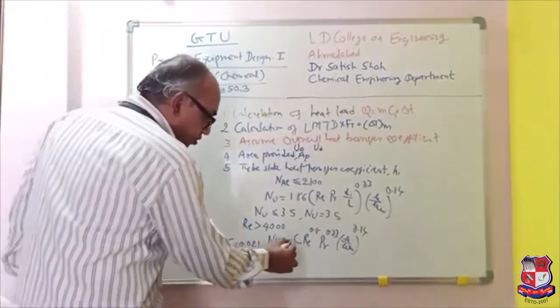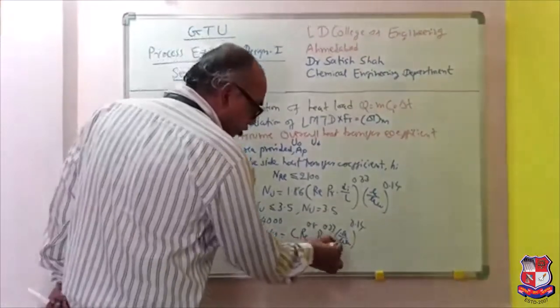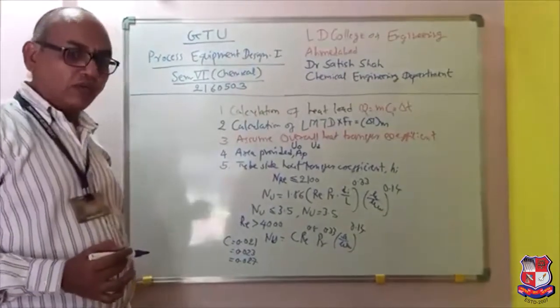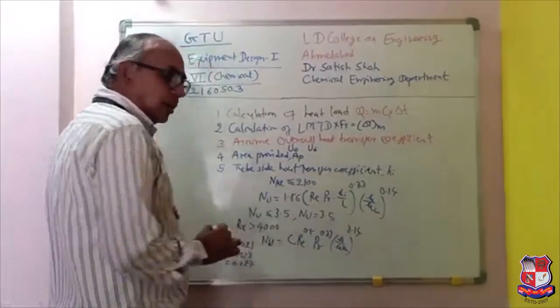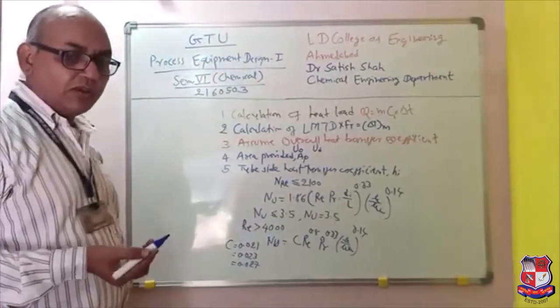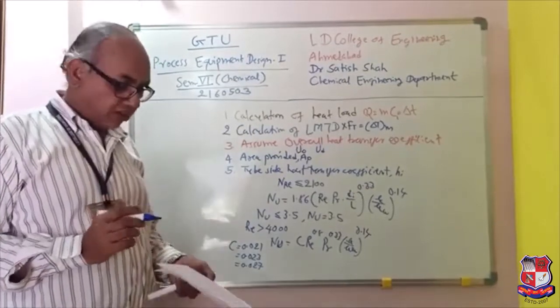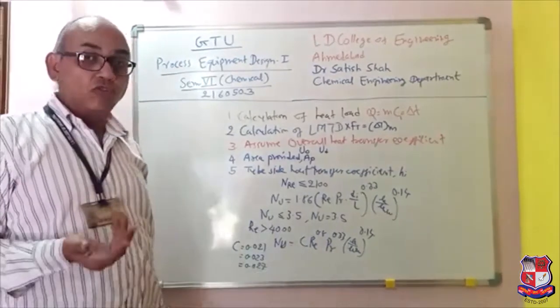So this is the C value; Reynolds number, Prandtl number, everything you will calculate, and as I told you, mu by mu W raised to 0.14 will most of the time be unity. And this Nu is hd by k, so from that you will calculate the heat transfer coefficient on the tube side, that is Hi. Sometimes it will happen that the flow is in the transition zone.